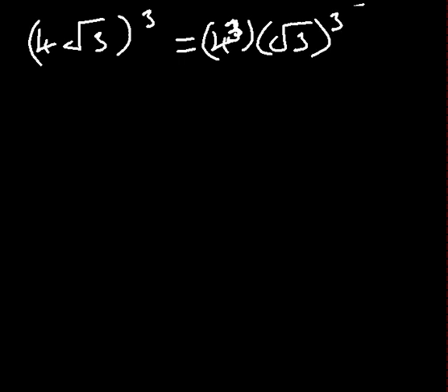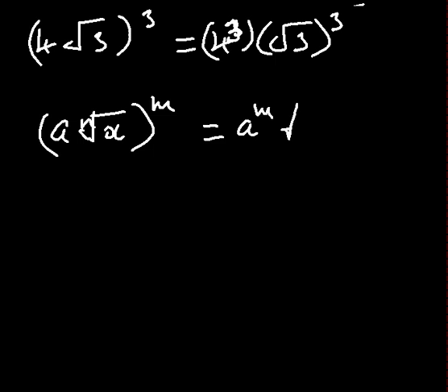So another principle that you should understand, before I forget: if we have a times the nth root of x, in the overall to the power m, this is the same as a to the power m times the nth root of x to the power m. So it's just have to use that one.